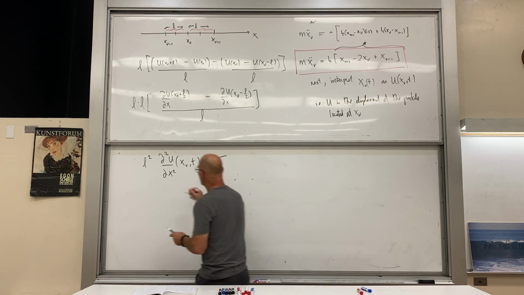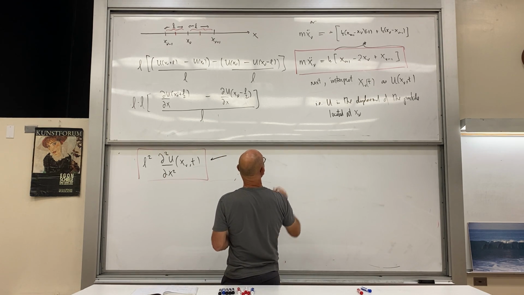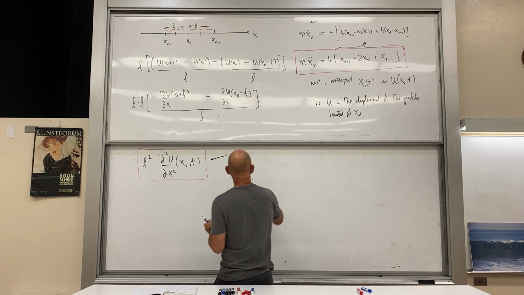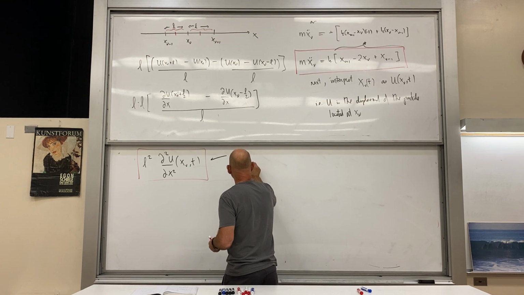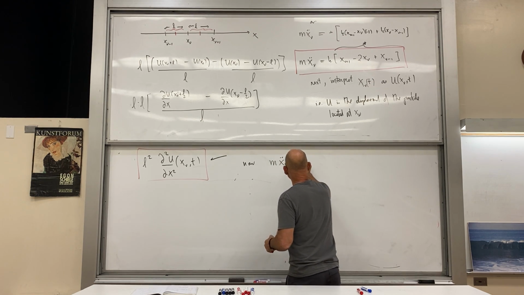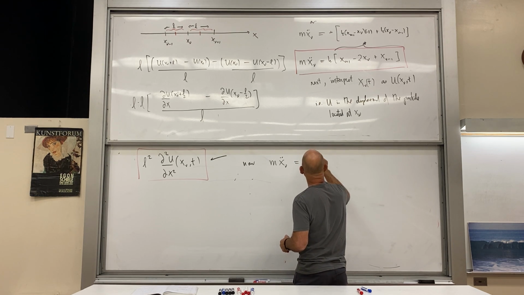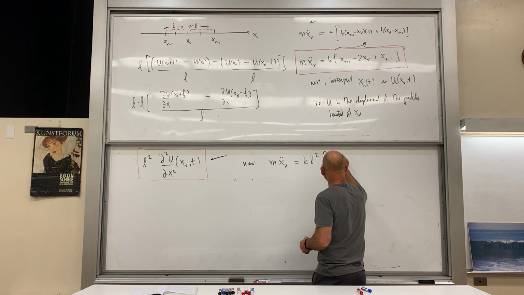That was my right side of the red box, and of course it would be multiplied by k. So now we have m x nu second derivative equals k L squared d squared u dx squared.